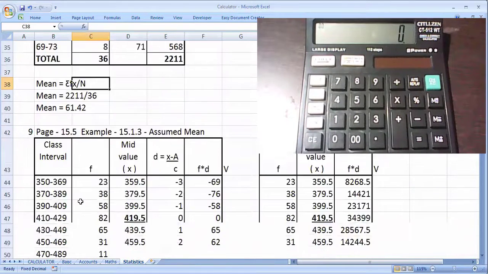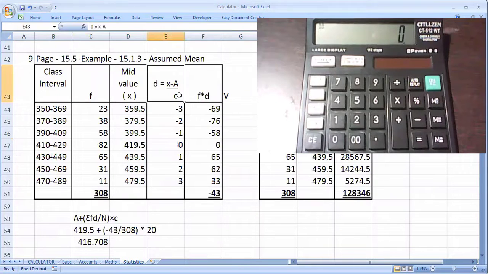Clear? Next, we will take some assumed mean. In that formula, this is also taken from our institute study material, ICAI material, page 15.5, example 15.1.3, which is based upon the assumed mean concept.